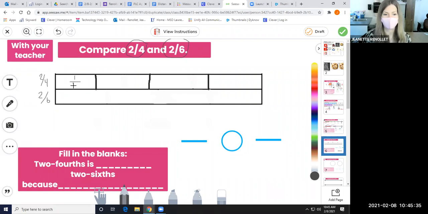So 1/4, 1/4, 1/4, and 1/4. Right now, you should be labeling your unit fraction on our model for fourths. Go ahead and do that now.